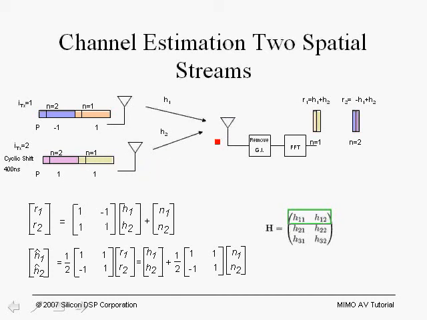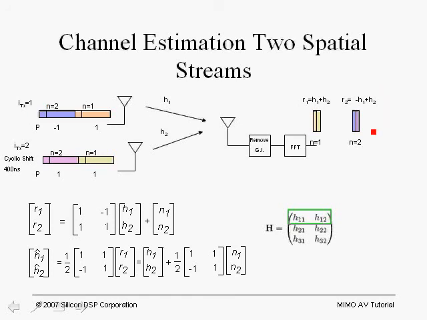So for time slot n equals 1, we receive R1 equals H1 plus H2. Because of the weighting of P, we get 1 times H1 plus 1 times H2. That's what we receive for R1. And the next time slot, shown in blue in the case of the first transmit antenna.